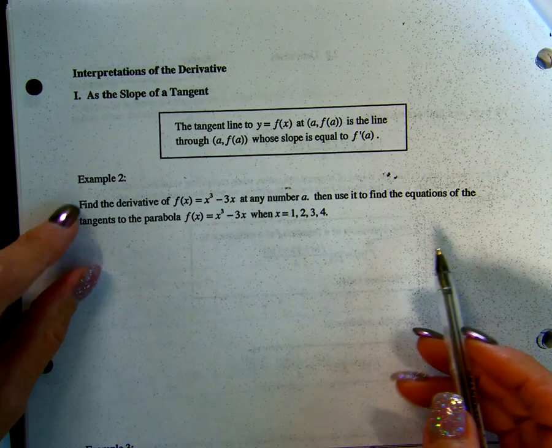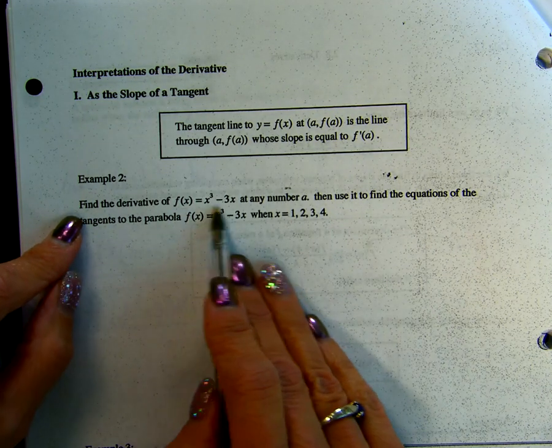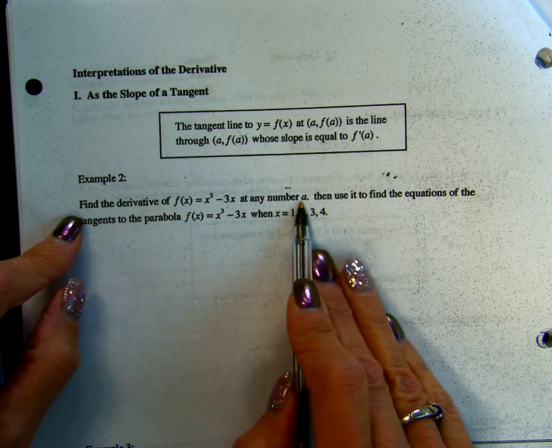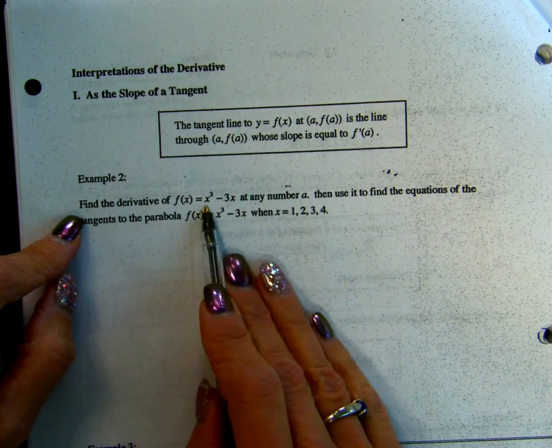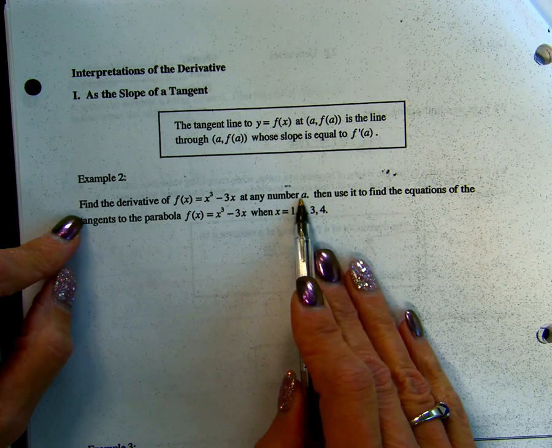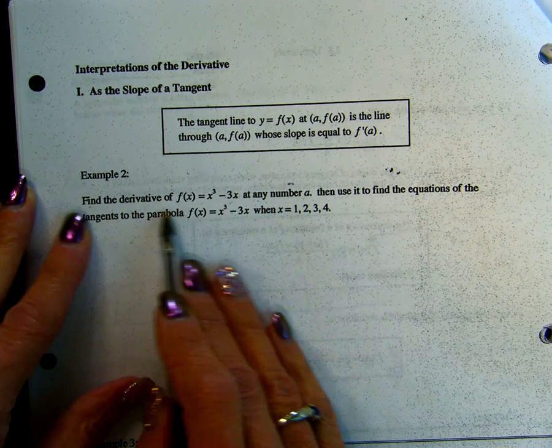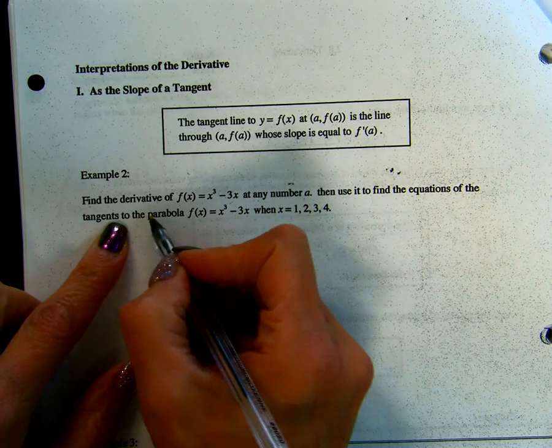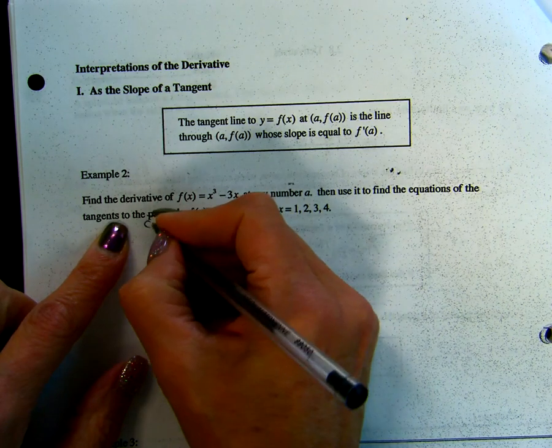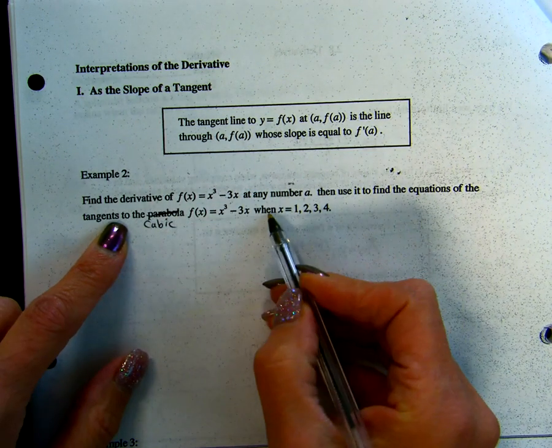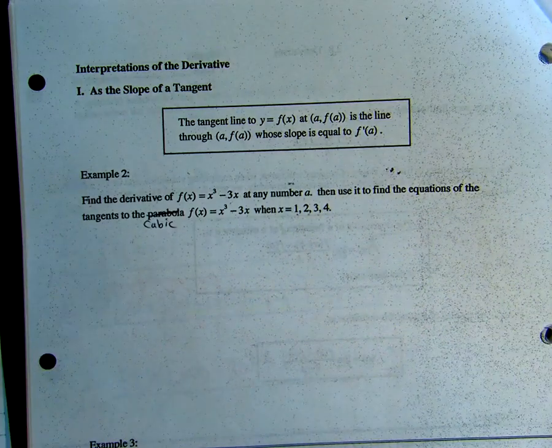Okay, so if we need to find the derivative of this cubic function at any number a, and then use that formula to find the equation of the tangents to the cubic. It's not a parabola. When x is 1, 2, 3, and 4.